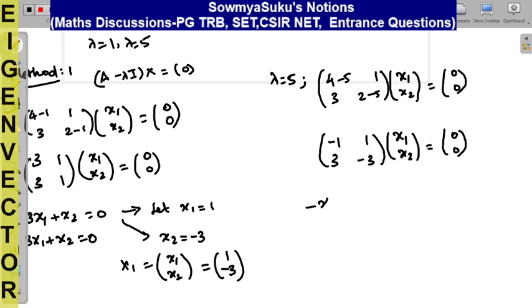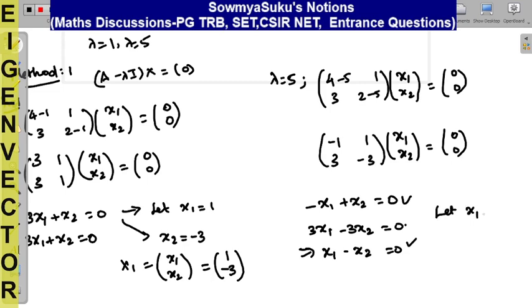So minus x1 plus x2 equals 0 and 3x1 minus 3x2 equals 0, which gives x1 minus x2 equals 0. Both are the same. Taking x1 equal to 1, x2 becomes 1. So the second eigenvector is x1, x2 equal to 1, 1.